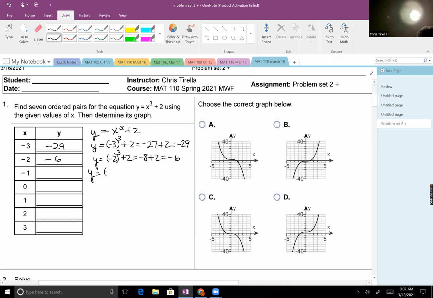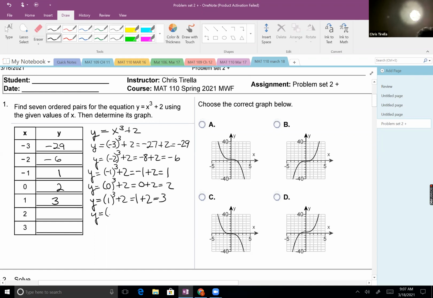When x is -1, -1 cubed plus 2, well, -1 to the third is -1, plus 2 is 1. When x is 0, 0 to the third plus 2 would be just 0 plus 2, or 2. When x is 1, y would be 1 to the third plus 2. 1 to the third is 1. Adding the 2 gives me 3.